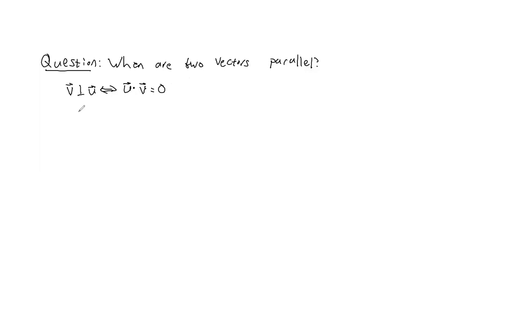So when are two vectors parallel? A common misconception, a common error that people often make, and do not let this be you, is that if U and V are parallel, which is usually written with this double bar notation, then it necessarily means that their dot product is 1.